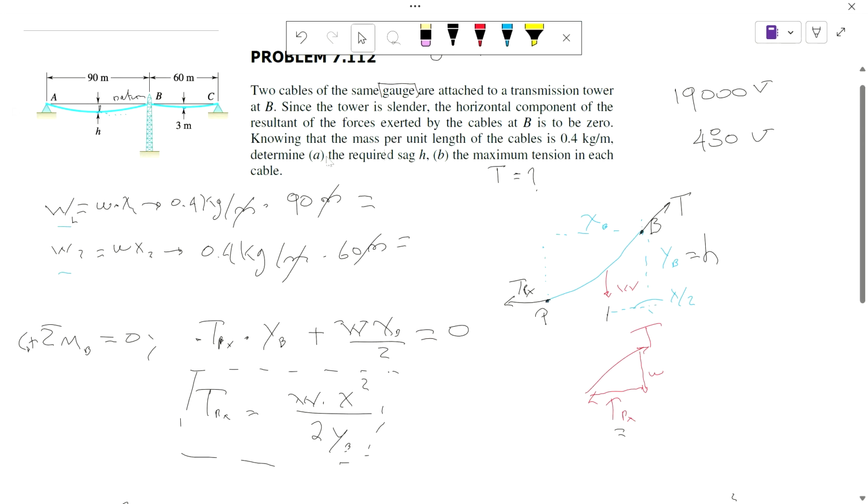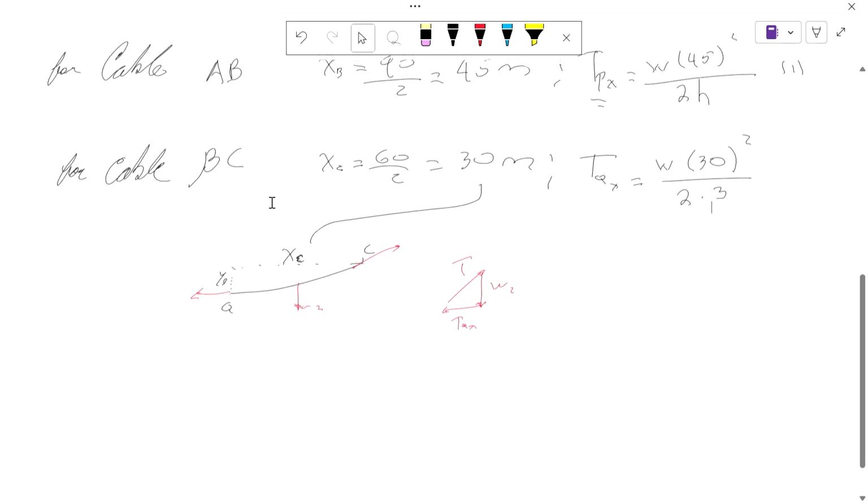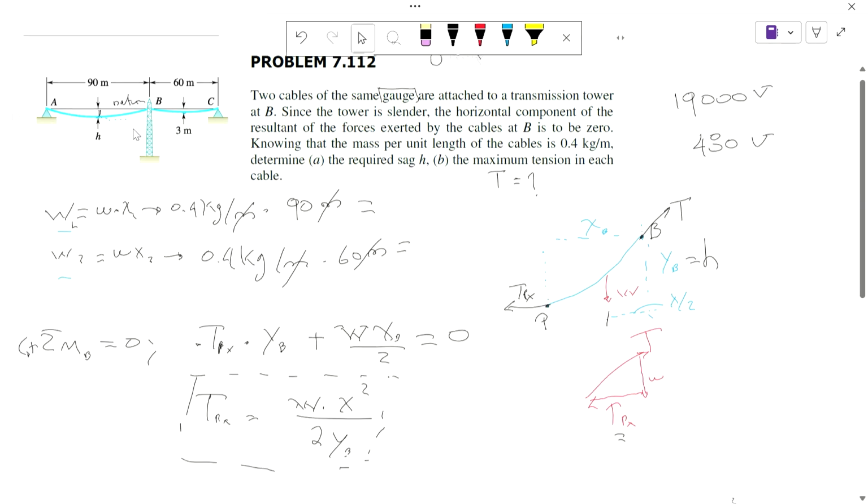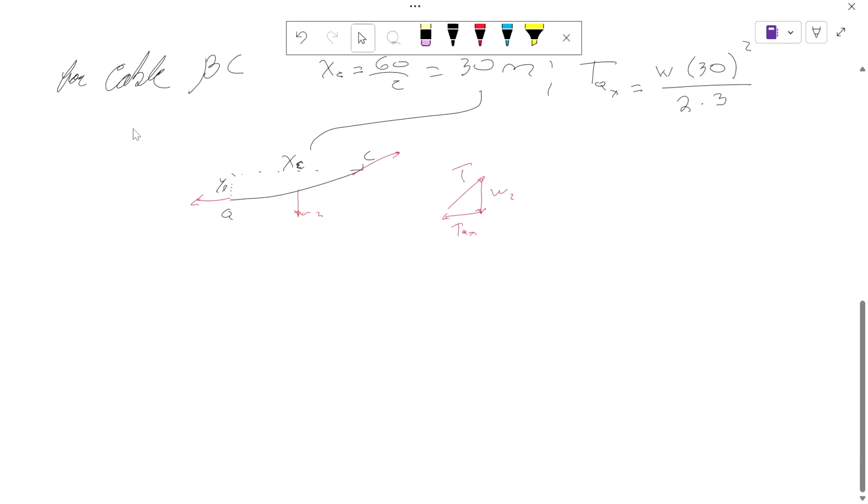If you notice, they're telling us the horizontal component of the resultant force expected at B is to be 0. So really what they want to tell us is that this tension and that tension are the same. That's how this is designed. If it's not the same, then this thing will be bending one way or the other, and you have extra stress, and it's not good. That's why I didn't want to cancel out W and find it, because what we want to say is that TPX is equal to TQX, right?